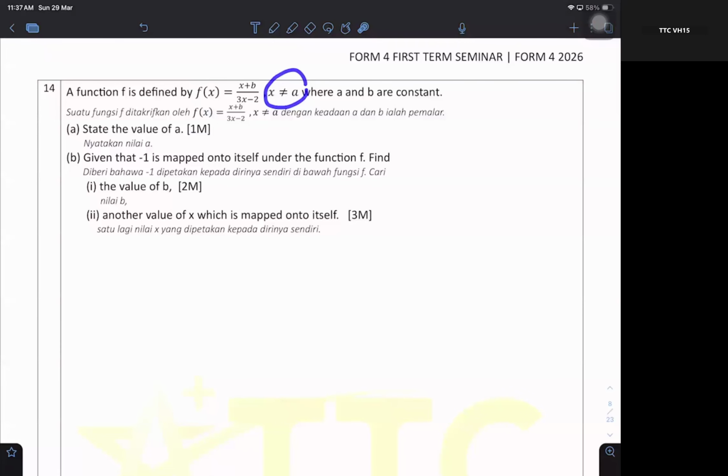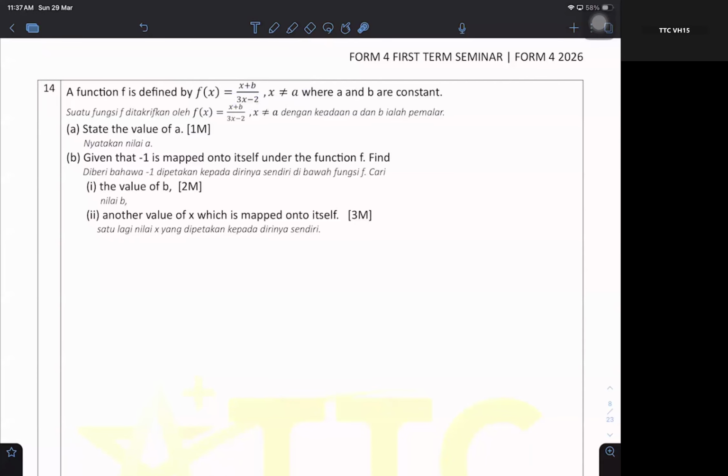This is actually the undefined. Still remember just now I told you that when the bottom is zero, it is undefined, it is a math error, right? So the meaning here is x cannot equal a because when x is a, the bottom will be zero.